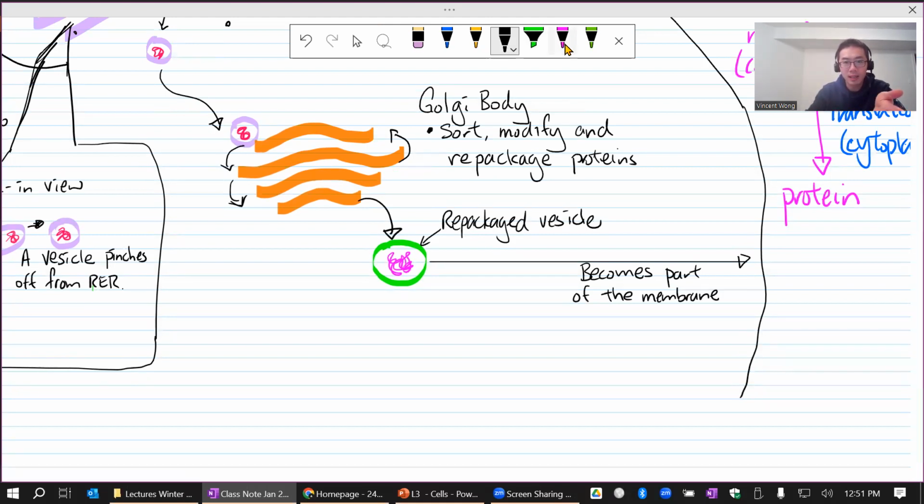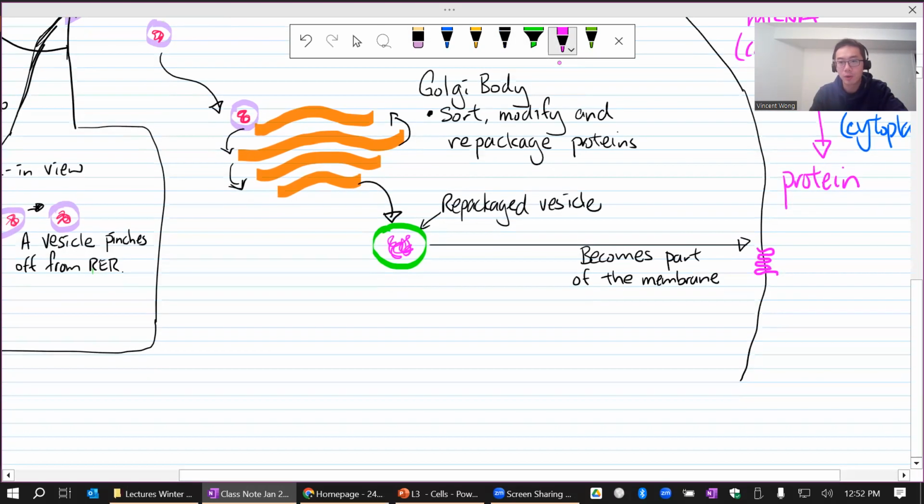So that protein that we make, the pink thing on the inside, they might become part of the membrane. We'll learn more about that later on. So it becomes what we call a membrane protein.